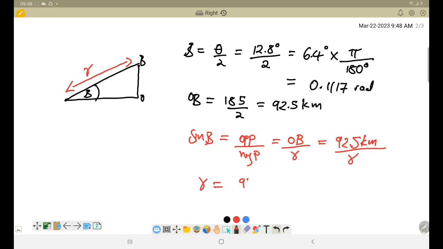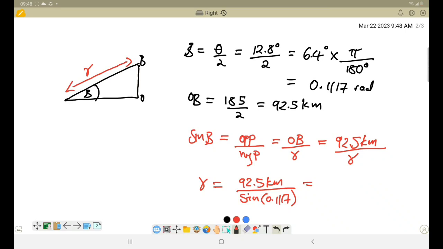So it's 92.5 kilometers divided by sine of 0.1117.